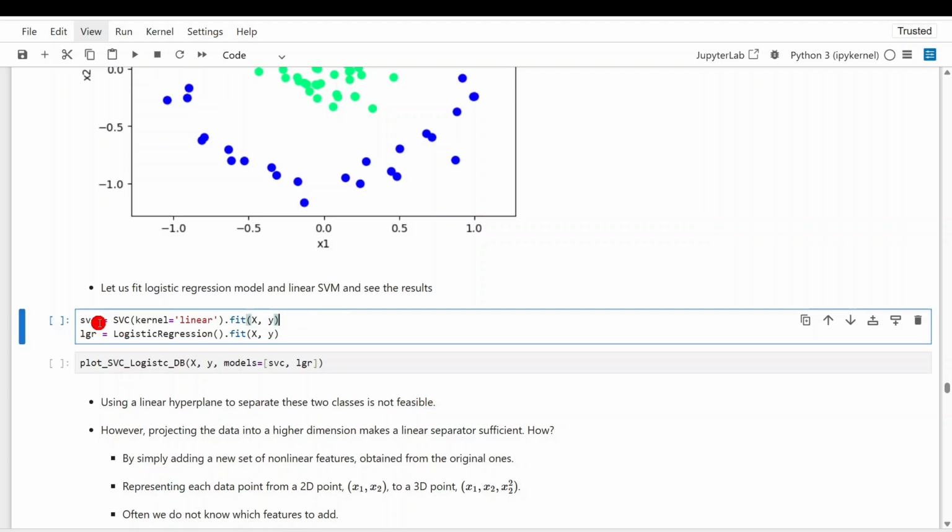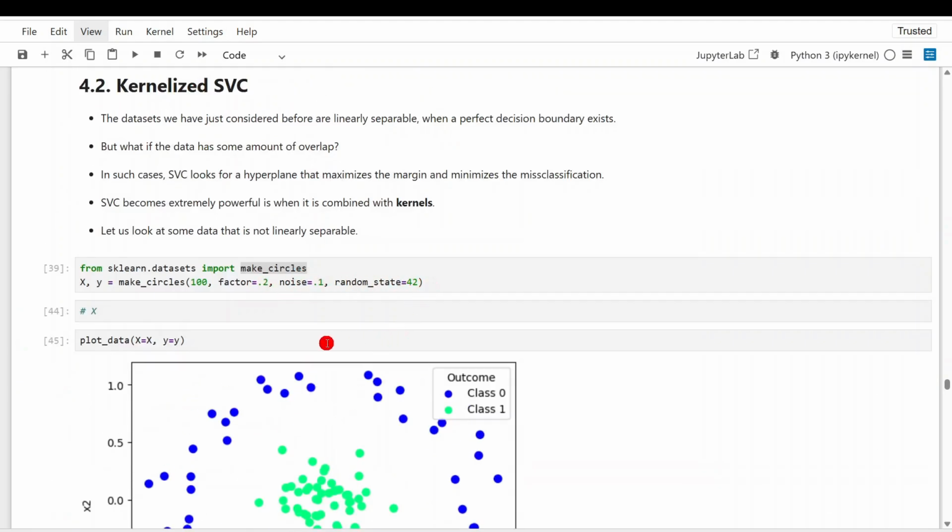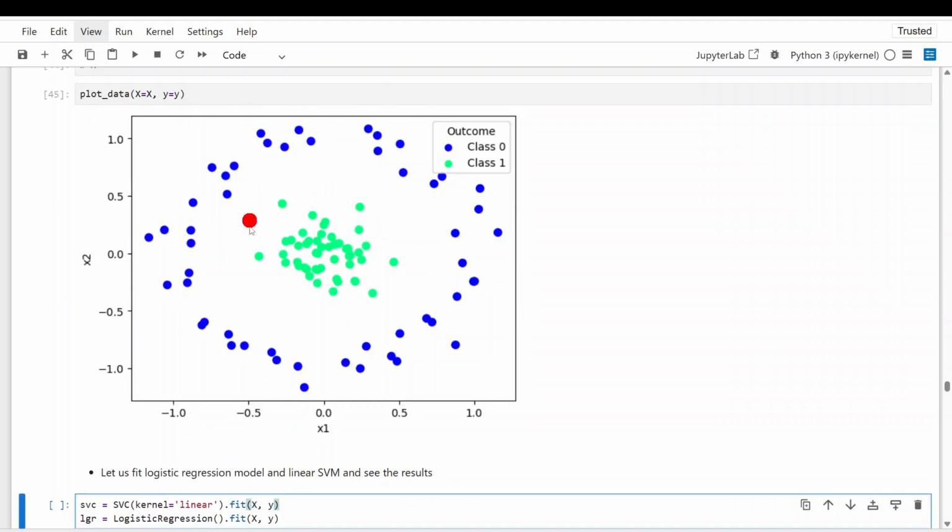Here for the support vector classifier, I instantiated it and called the method fit, giving just the data x, y. There is no need to split the data into train and test, because we are interested in how the decision boundary looks to separate these blue and green points.